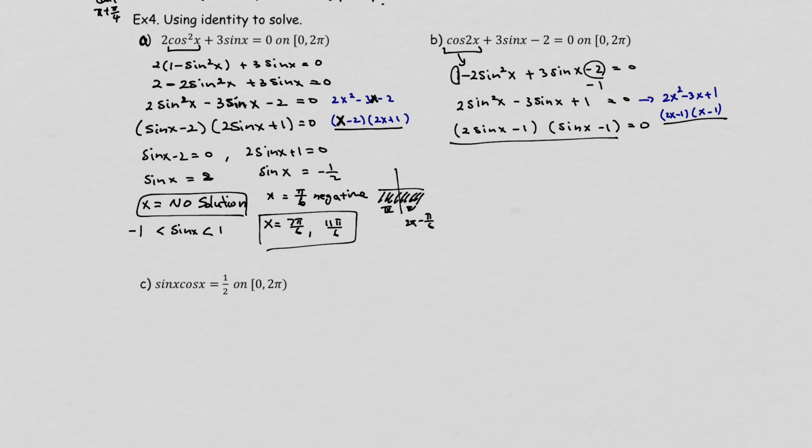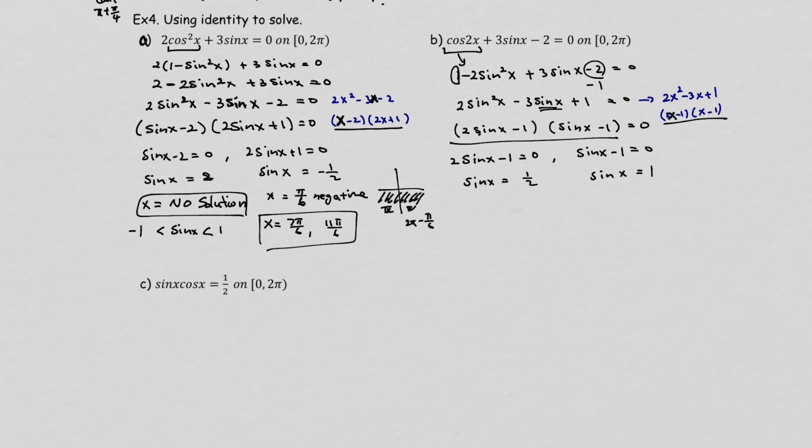This factor and that factor are identical. The difference is this is x, this is going to be sine. So once you do that, let each factor equal 0. And when you solve, this you get positive 1/2, this you get positive 1.